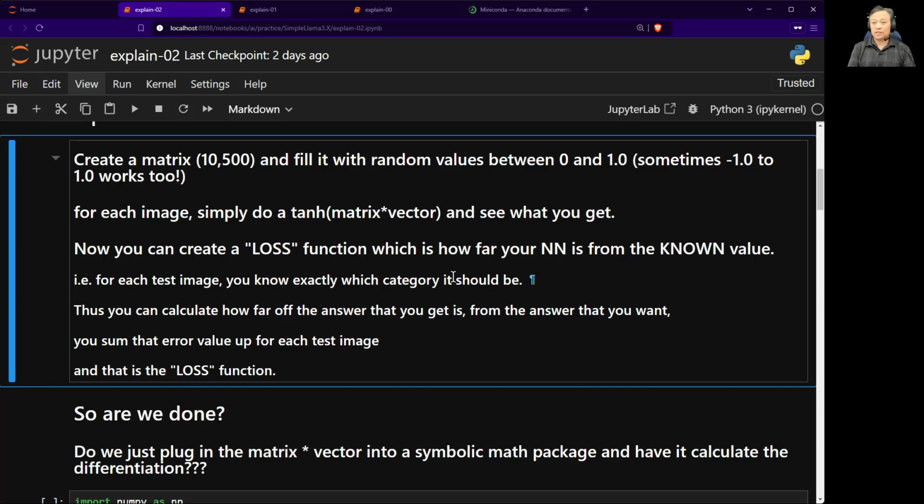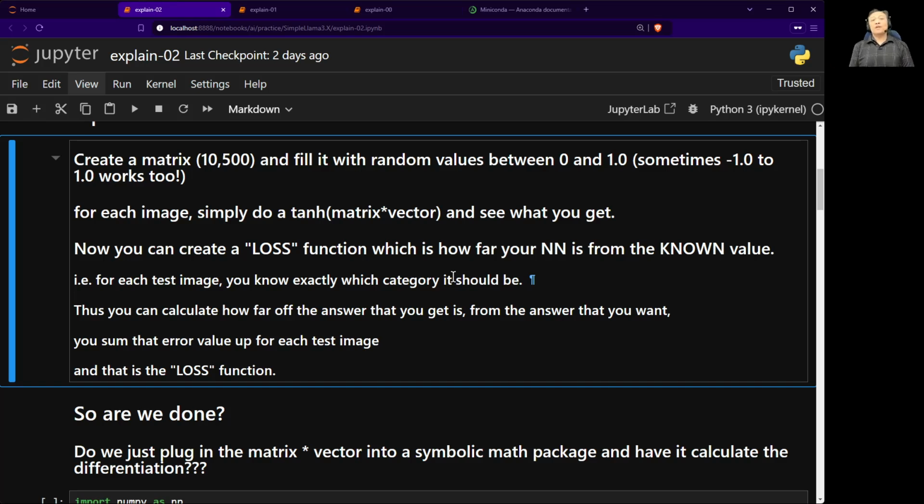Getting back to the motivating example, for each image, simply do the tanh of matrix times vector. Remember the vector has 500 numbers in it, and each number is the corresponding pixel value from the image, and then you just see what you get.